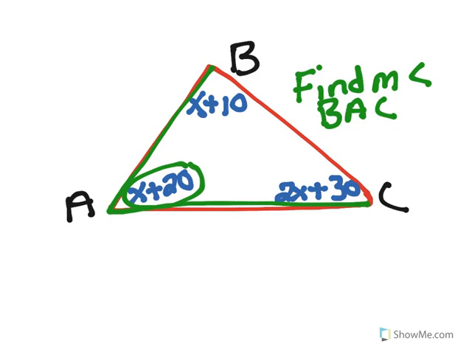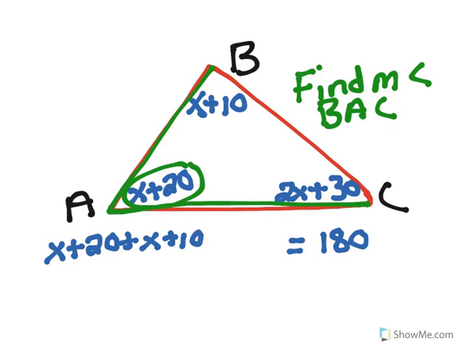So we're going to use the fact that in a triangle, it adds up to 180 degrees. So all three of these angles must add up to 180. So that means x plus 20, our angle that we're looking for, plus x plus 10, this angle up here, ABC, and this last angle, 2x plus 30, are all going to be equal to 180.